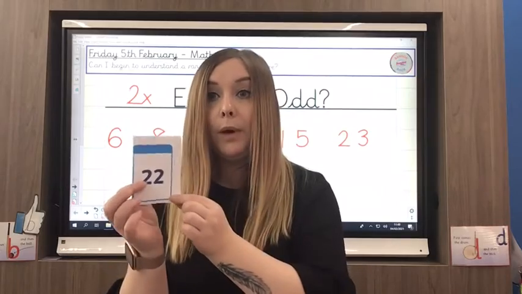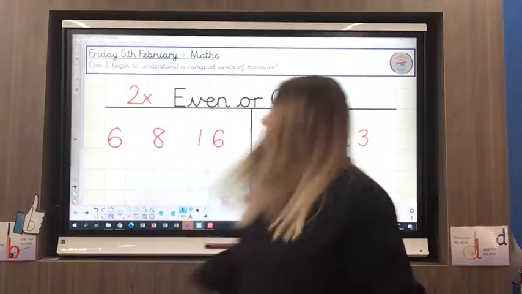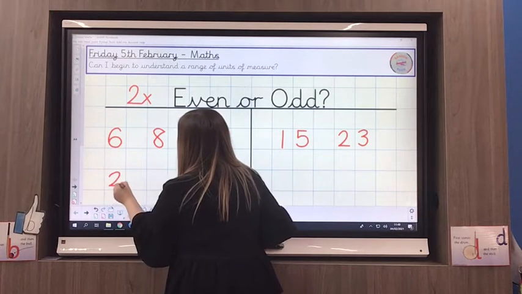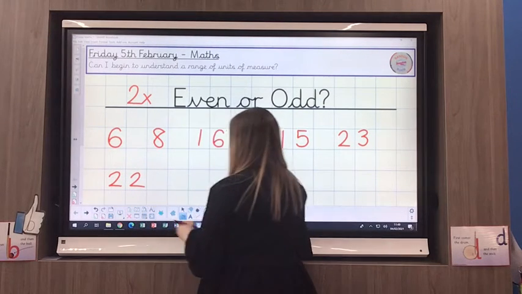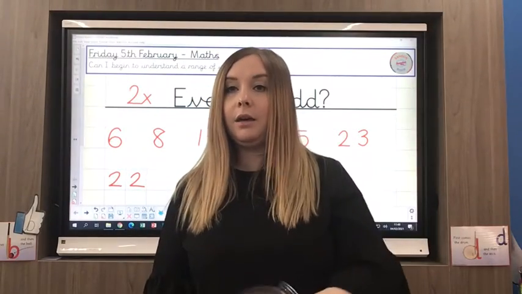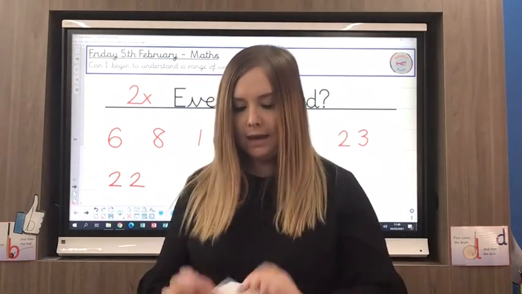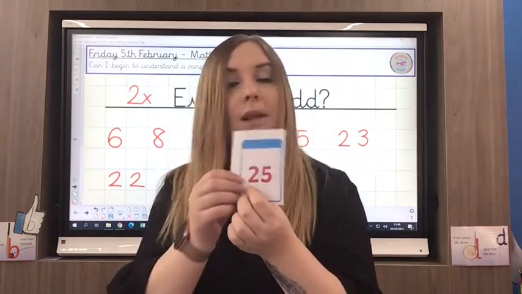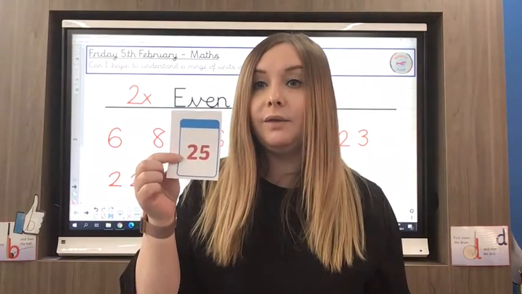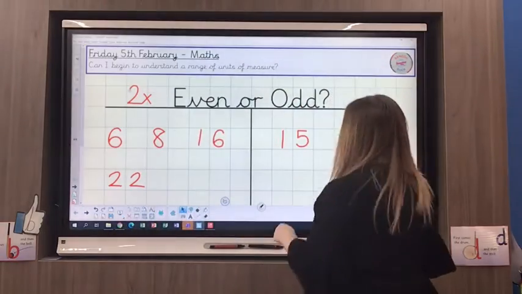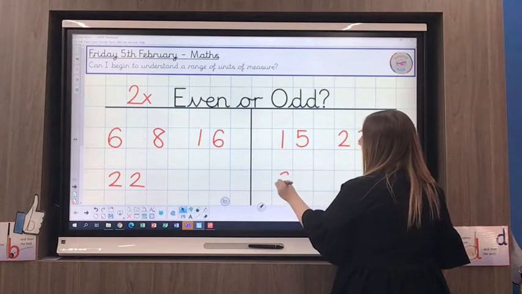Okay, this number, 22. That one's in our 2s, which makes it even. And finally then, let's give it a good shake. Finally, the number 25. What do we think about the number 25? Okay, so that one's an odd number because it's not in our 2 times tables.